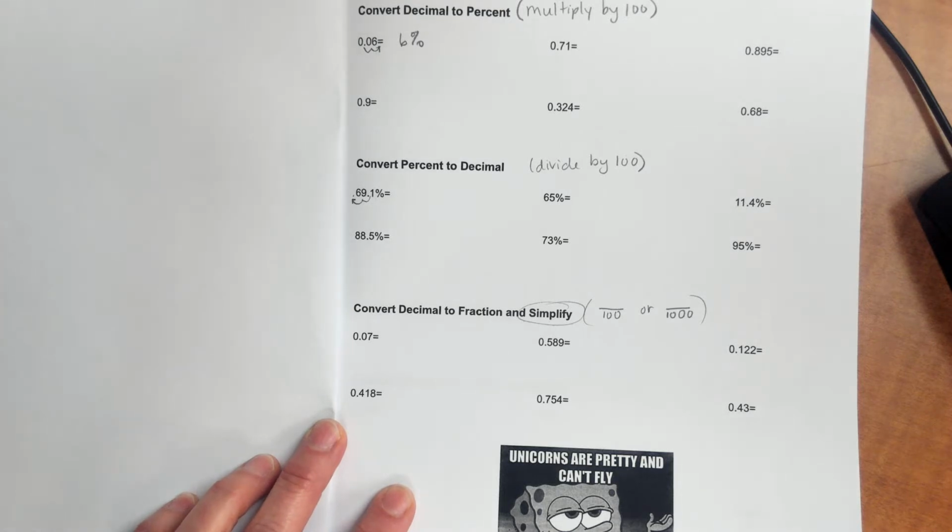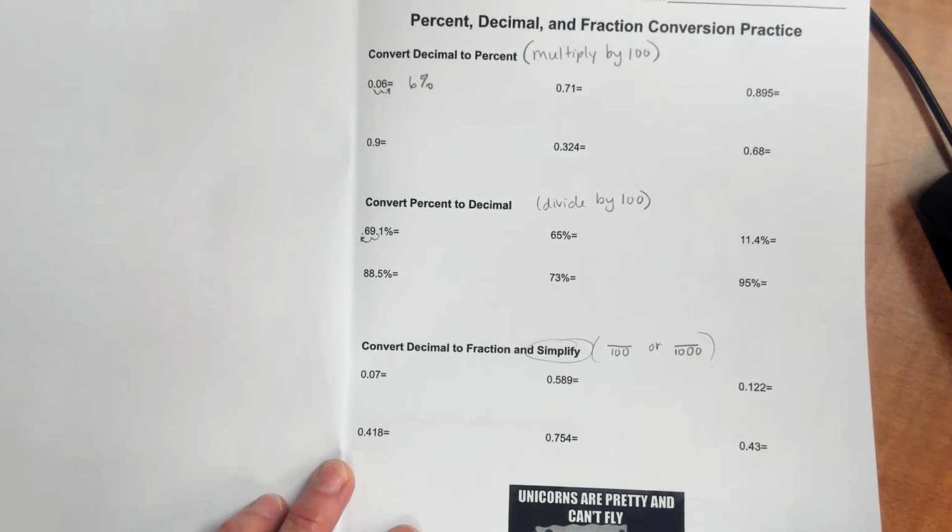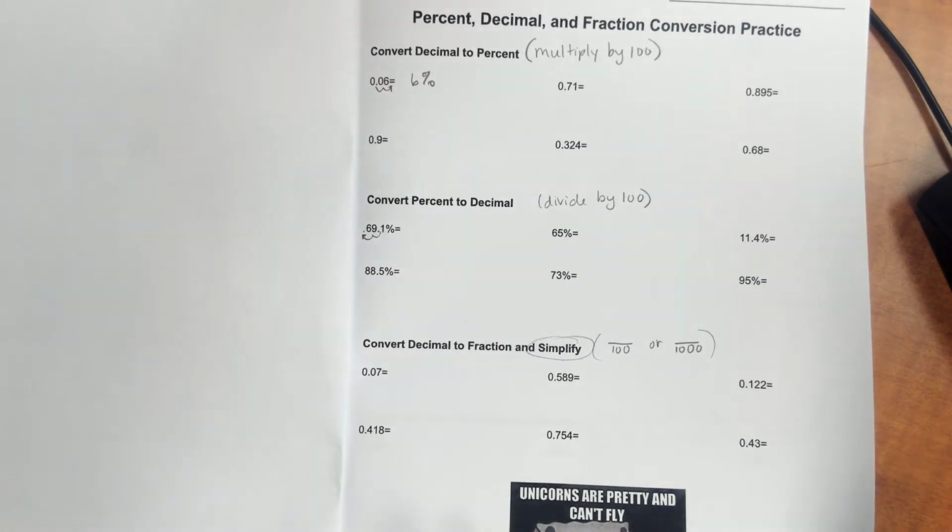Remember, if it's a prime number like 7, unless your denominator is a multiple of 7, you won't really be able to simplify. By the way, I want you to try to do all of this without a calculator. You should be able to do this without a calculator, okay? This page, for sure, no problem without a calculator.